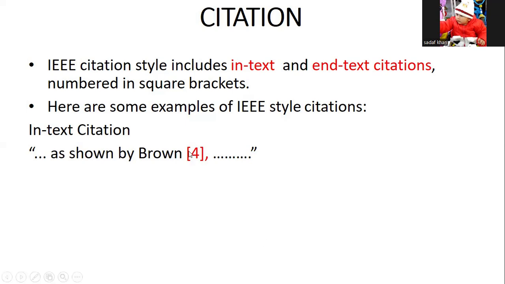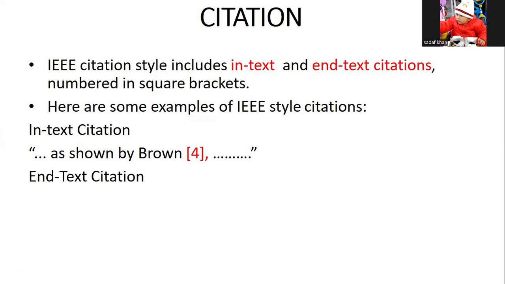As it is within the text, you can easily observe here we have used a square bracket, and whatever the citation number is, you use the reference number, in fact 4, then close the square bracket, and after it you have used a comma. Comma means continuation. It means it is an in-text citation.